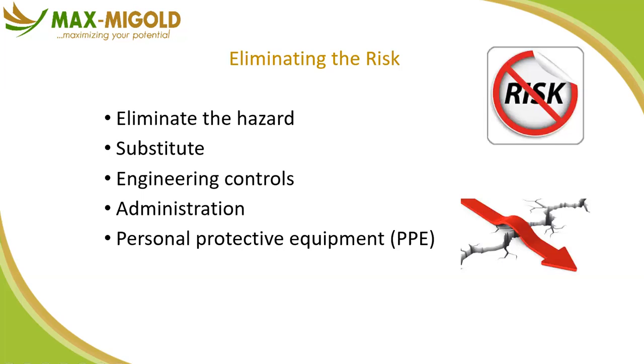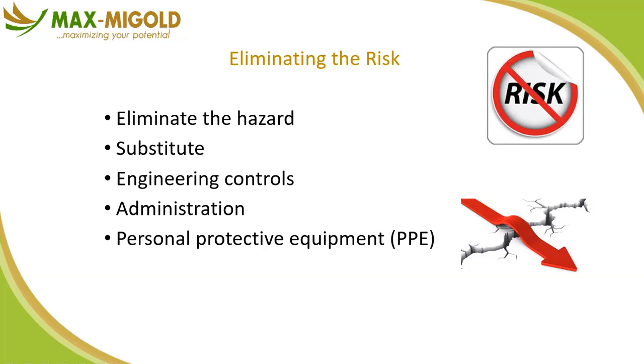So same thing like we said yesterday, hierarchy of controls: elimination, substitution, engineering controls, administrative control, and of course, the use of PPE. So here we need to eliminate the hazard, or if you can't, substitute the hazard, or if you can't, engineer the hazard via guarding or isolation. The first three, you have to do one.